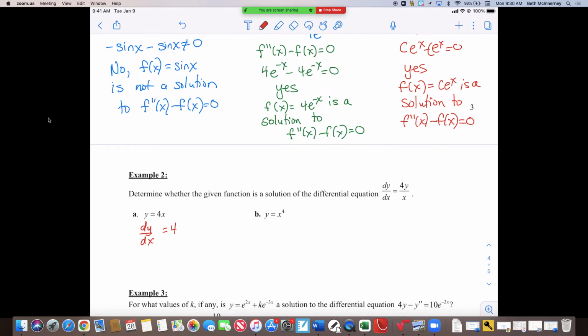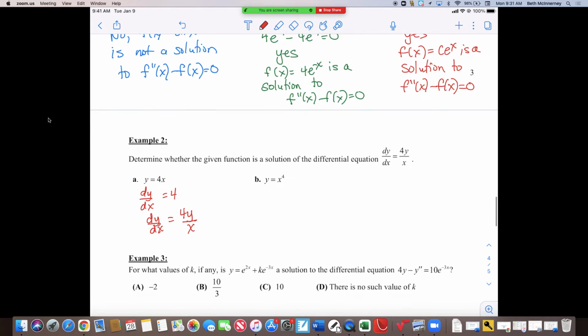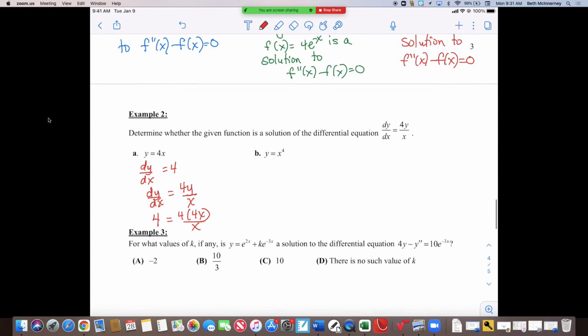So I want to know, if I go to dy dx equals 4y over x, well, dy dx is 4, and then I would have 4 times 4x over x. The x's cancel, but that 4 does not equal 16, right? So that's a no.